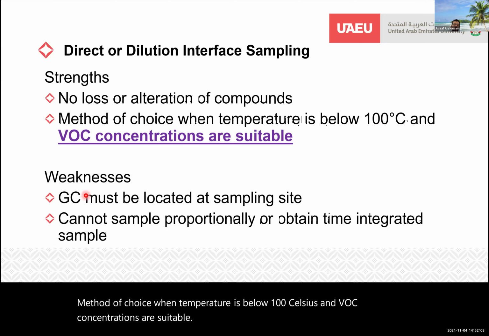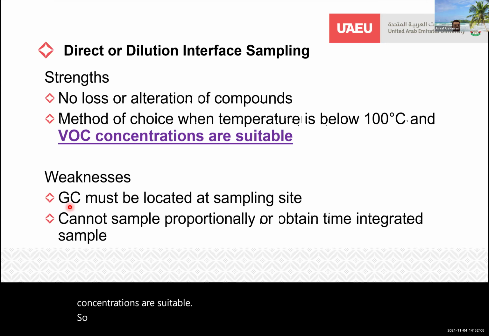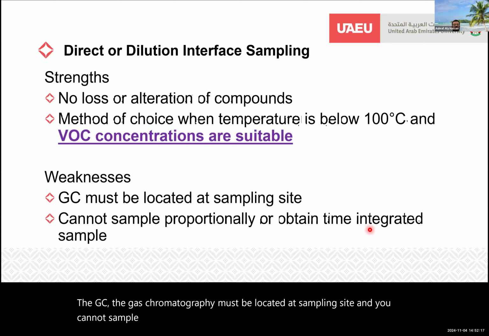The weakness is that the GC, the gas chromatography, must be located at the sampling site, and you cannot sample proportionally or obtain a time integrated sample. Meaning that now, I wanted to compare the two scenarios.